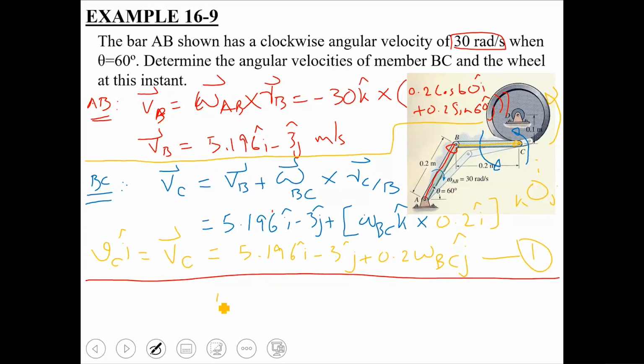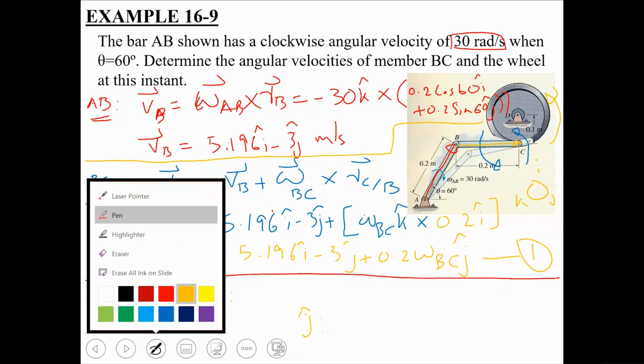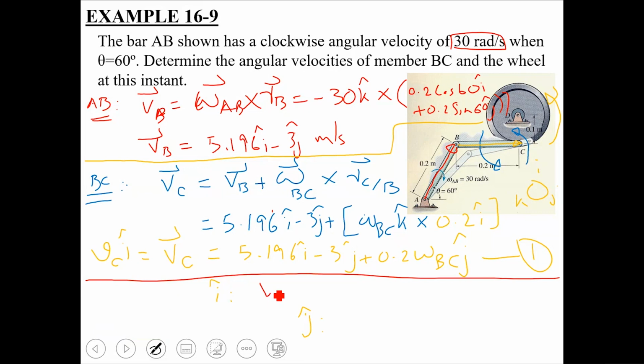Okay, now you compare the coefficients on both sides of this equation, comparing the I and J coefficients. So once you are comparing the I coefficients, it is going to be VC equal to 5.196, and when you compare the J coefficients, it would be 0 equal to minus 3 plus 0.2 omega BC.